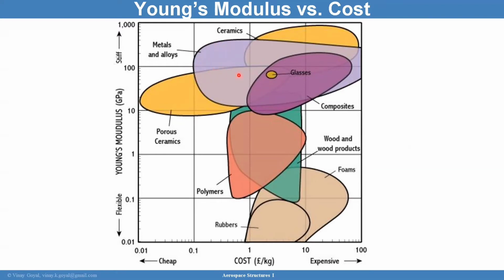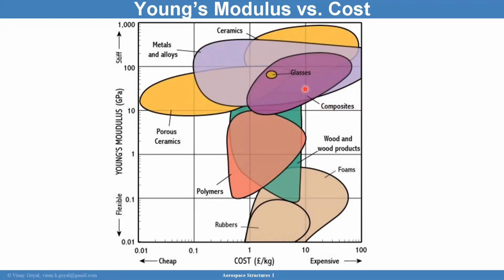stiffness, as an example. Composites are more expensive, and that's shown in purple here. And you can see it's more expensive because this bubble is more to the right, while the metal spans a lot of this area.